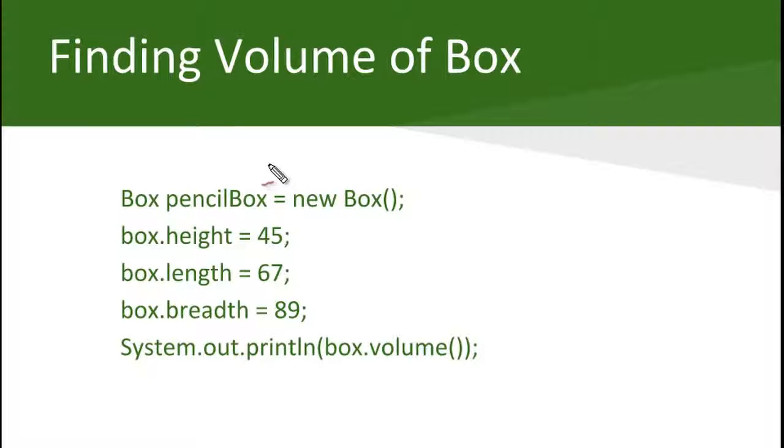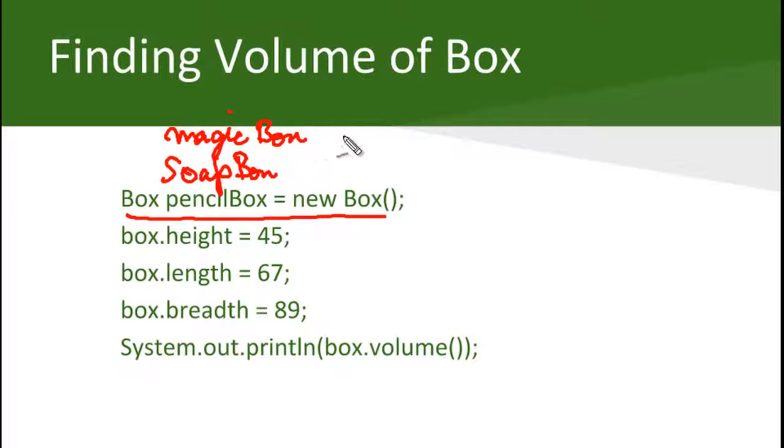And what is happening in the main part is that we create the object pencil box, or you can call it a soapbox, or you can call it a magic box. This is creating a new object of the class Box.